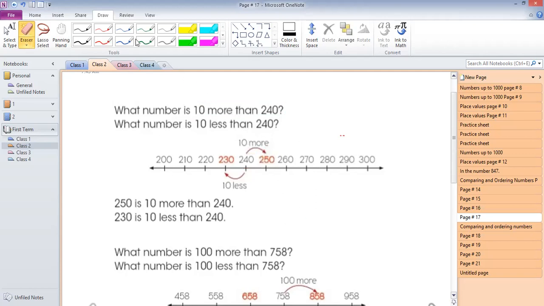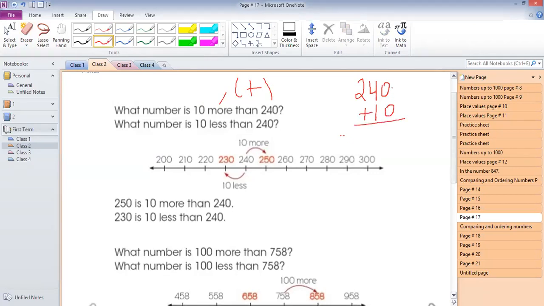Or guys, you can do one more thing. As I told you, more than means plus. So in 240, if you add 10, you can also find out what is 10 more than 240.